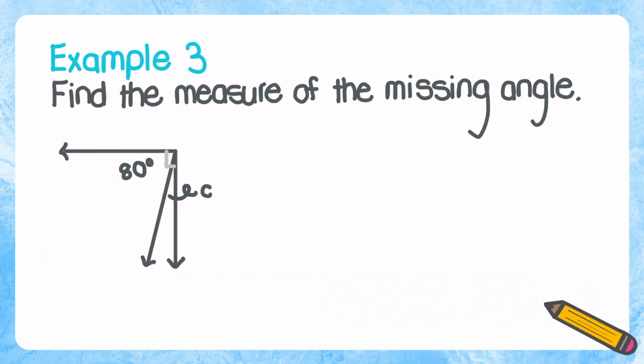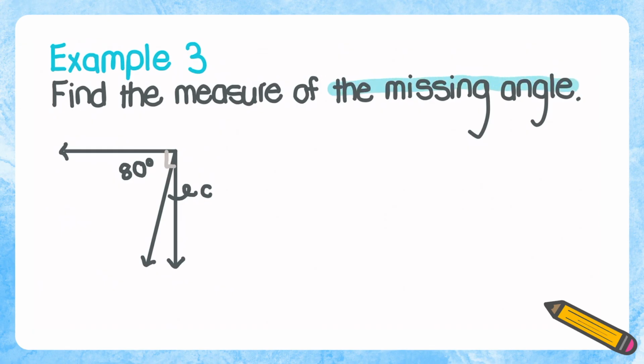Let's look at one last example together. We are going to find the measure of the missing angle. Notice how we still have complementary angles, even though the direction looks a little bit different.